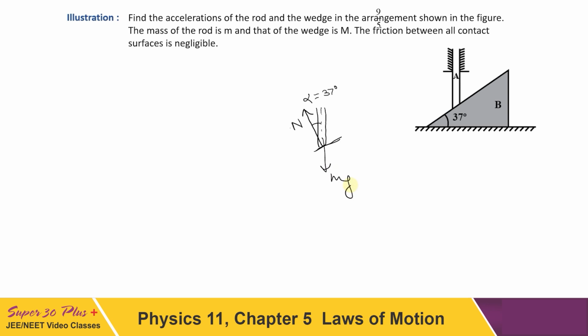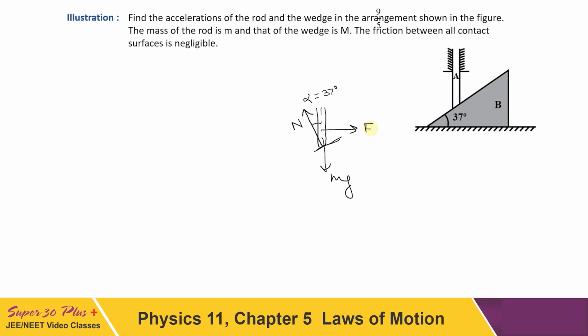Now if we apply F = ma to the rod, one more force is there which is not obvious at first sight, but it has to be the contact force due to these two constraints which you can see here. So that force also we have to consider. Of course it will be in the horizontal direction because the constraints are vertical. So let this be F. I have considered the direction towards the right.